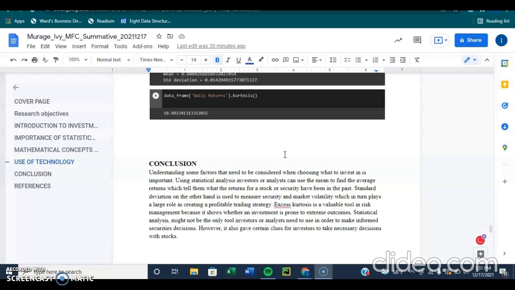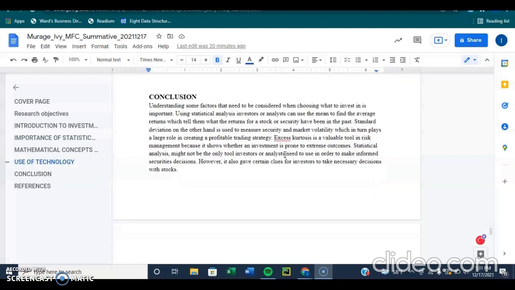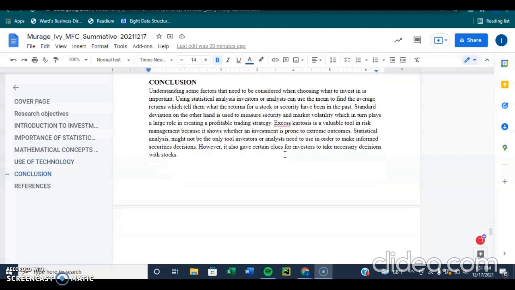Kurtosis is also a valuable tool used in risk management. They need to manage the risk after they measure it using the standard deviation, so they need to come up with better risk management to handle all the risks they come across.